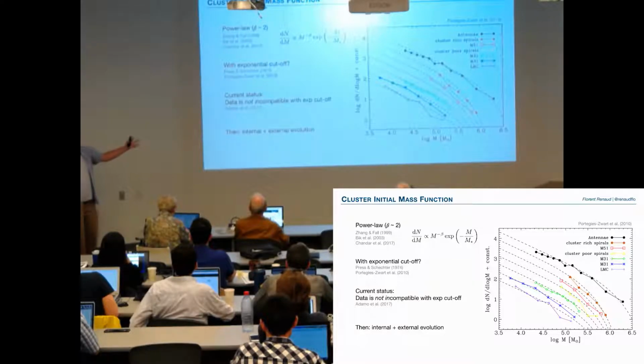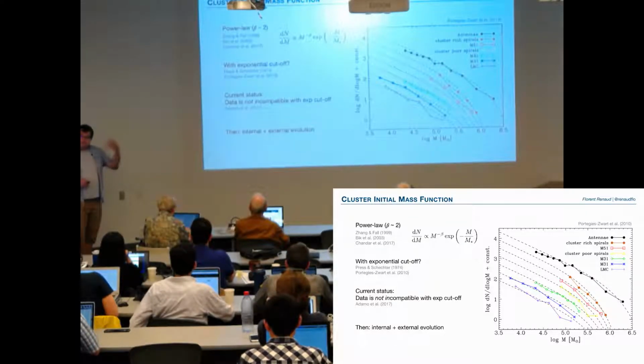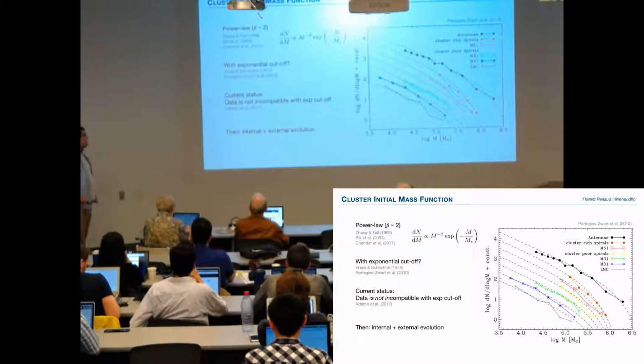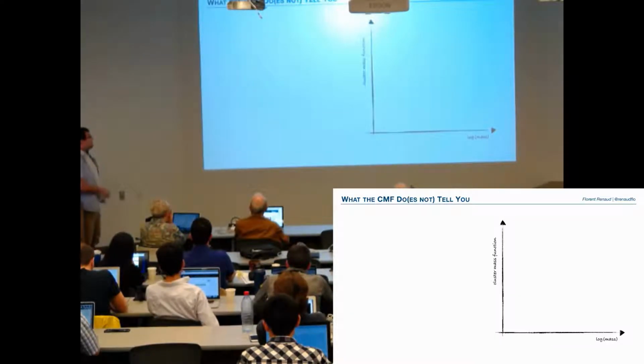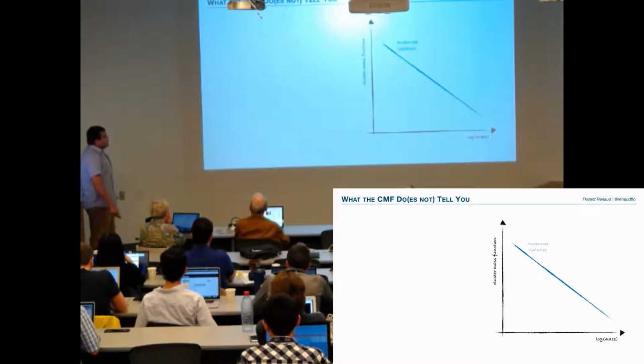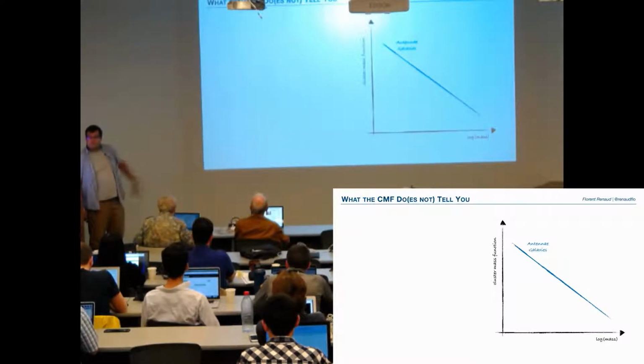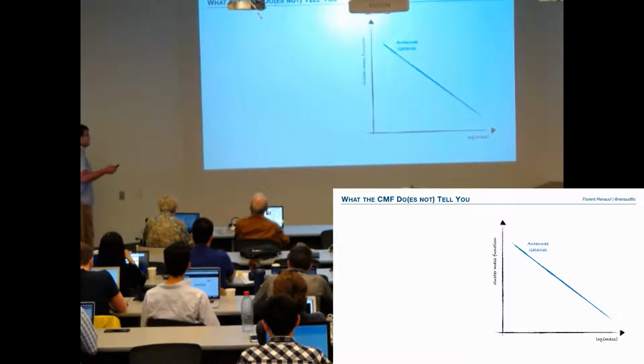After this initial state, you have internal evolution, so star-star interactions, stellar evolution, and external evolution due to the rest of the universe through tides, so that you can change the shape of your mass function. In a very cartoonish way, if you plot the mass function like that, you start with a power law, like the one you observe, for example, in the Antennae galaxies in a major merger.